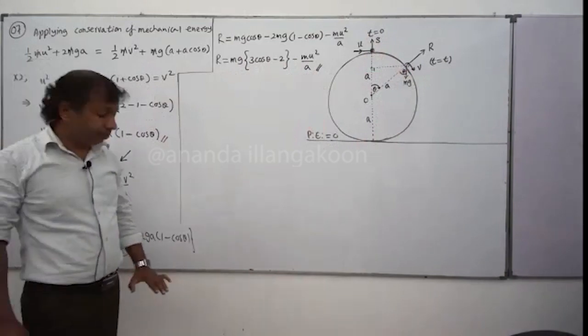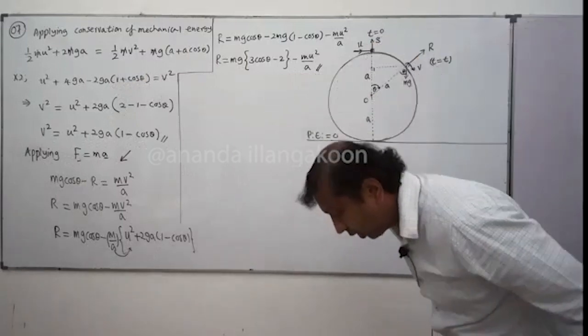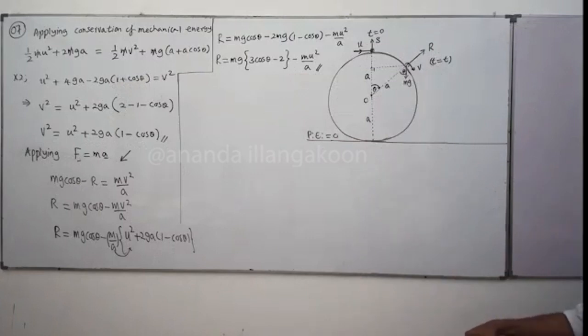At t equals 0, if the particle leaves the surface, then the normal reaction at t equals 0 is 0 or negative.